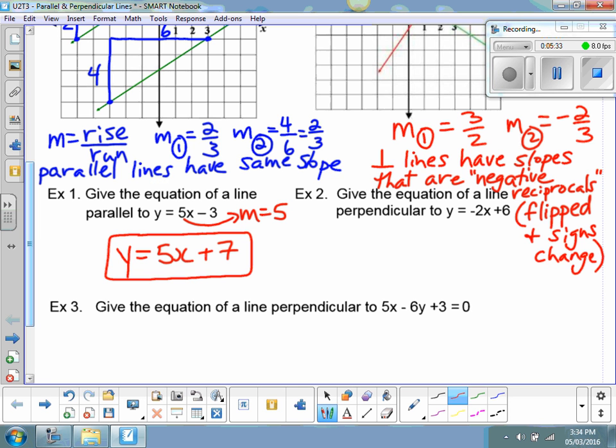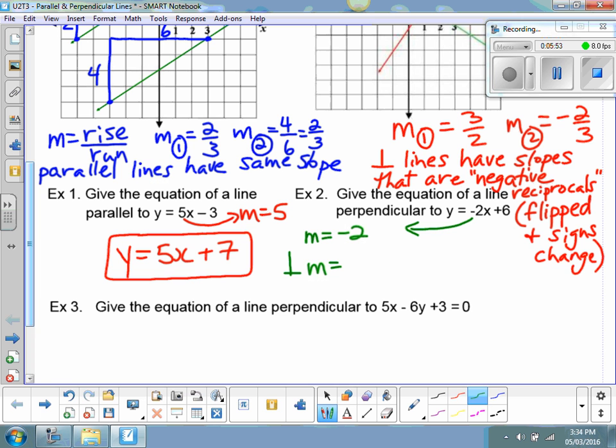Now we want to give the equation of a line that is perpendicular to y equals negative 2x plus 6. So if the slope of this equation is negative 2, we need to know what a perpendicular slope would be.